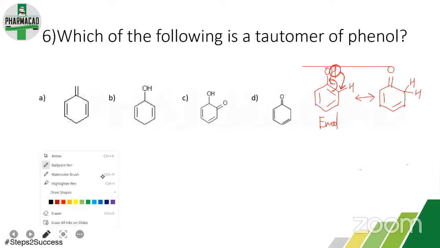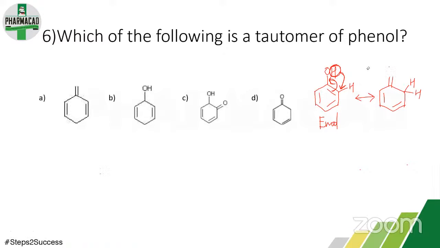So we will get this keto form, which is option C. See, this represents the CH2 only, this carbon. So the answer is option D.